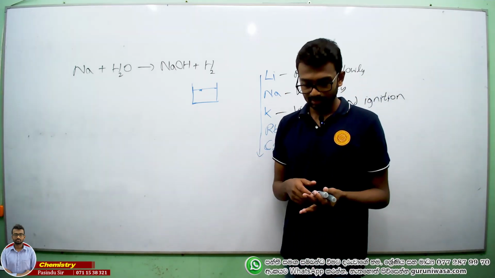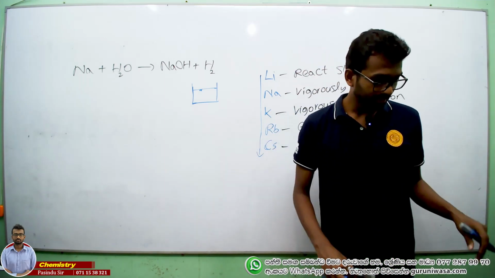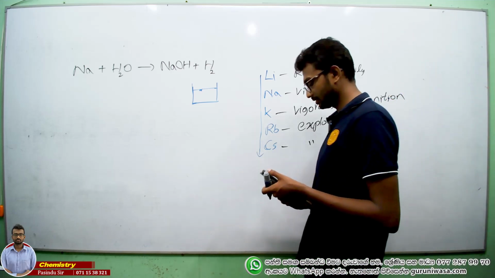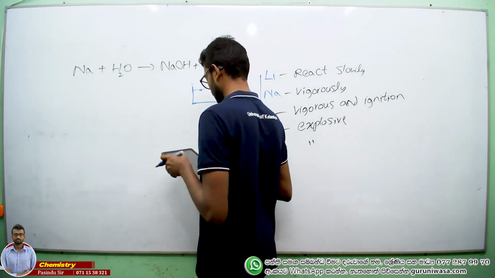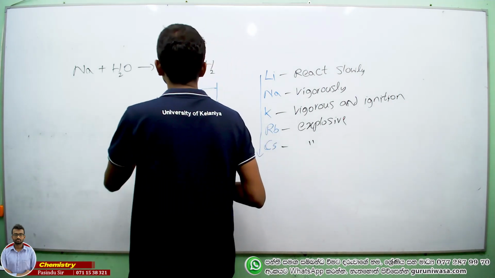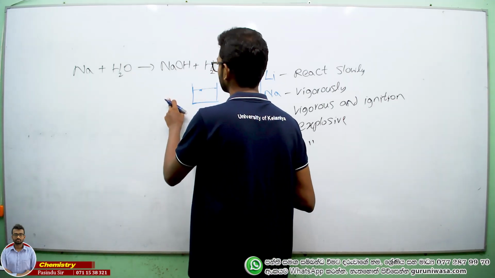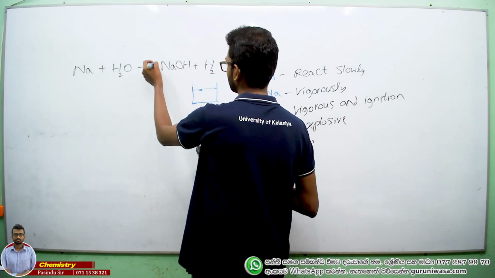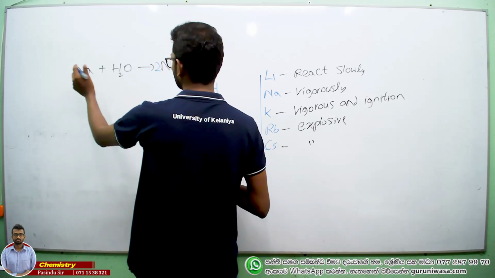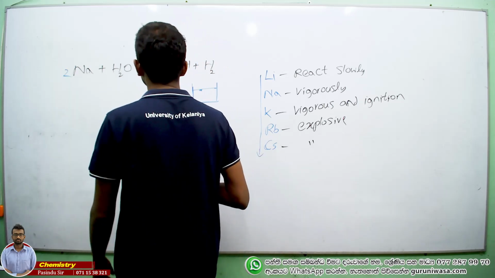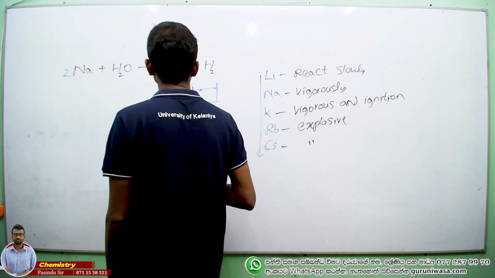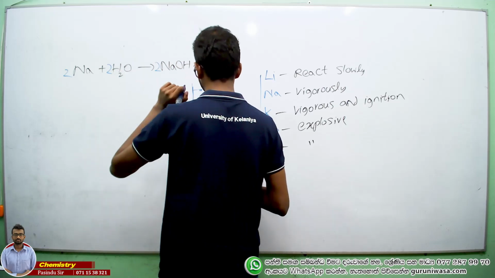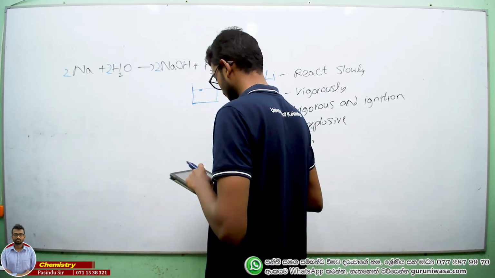This is the thing that happens. We can write that equation, I mean the common equation. This is not balanced. Put 2, now it's balanced.